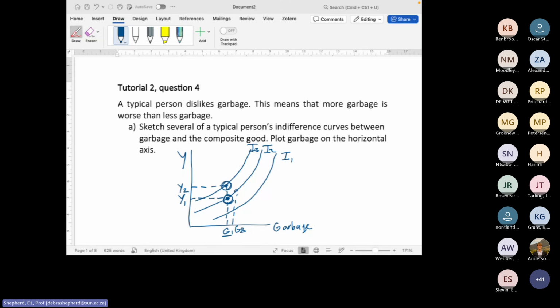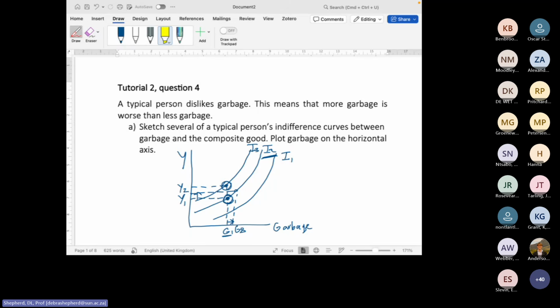In order to keep this person as satisfied as they were, so to keep them on the same indifference curve I2, that means that this additional garbage that makes them less satisfied, so it takes down their utility, needs to be compensated for by a larger change in the consumption of the composite good. So that's why we have this increasing slope.